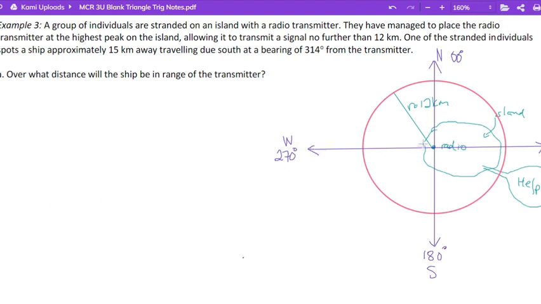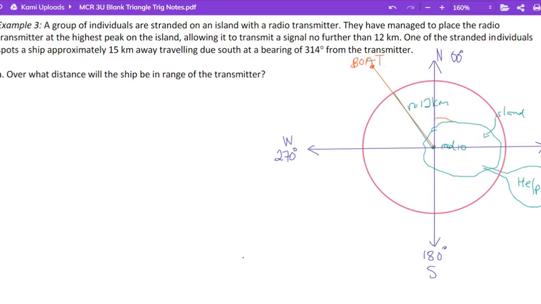From 270 to 314 is 44. So about here. Okay, here is the boat.